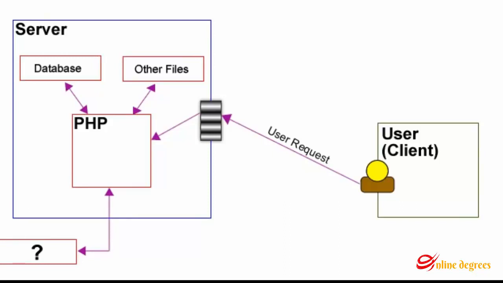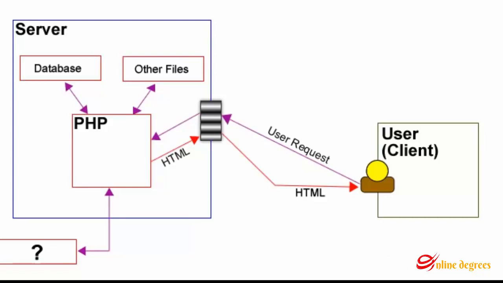Once the PHP file is interpreted, we are left with an HTML page or HTML file. No PHP will be sent to our user, only the HTML which was just assembled on the fly. As you can see, this procedure is dynamic. It's a lot more versatile than a static HTML page.